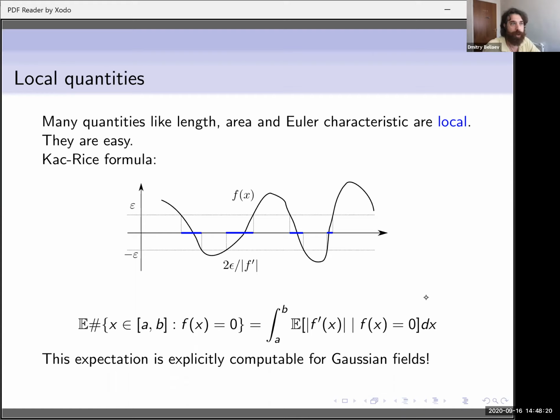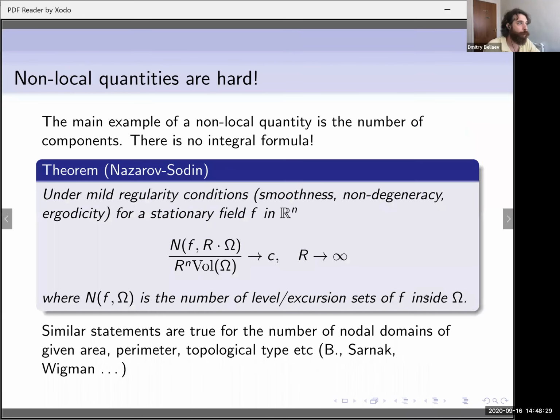These formulas could be horribly complicated, but it's a technical issue, not a principal issue. But when it comes to non-local things, then unfortunately there are no integral formulas, and you cannot use Kac-Rice formulas anymore.